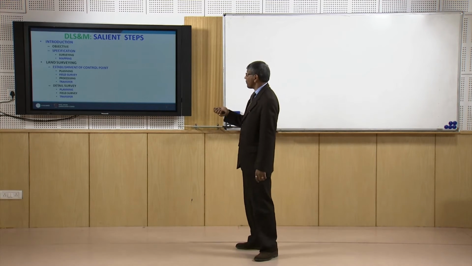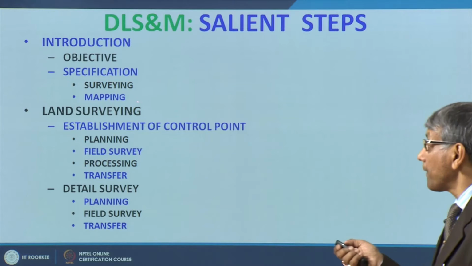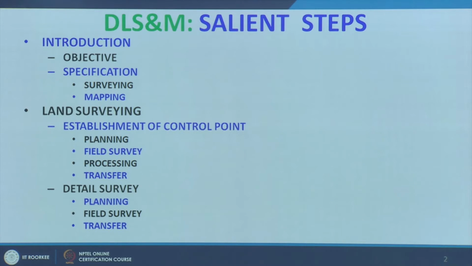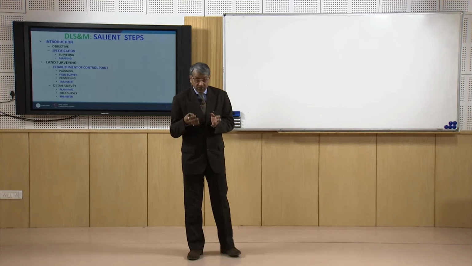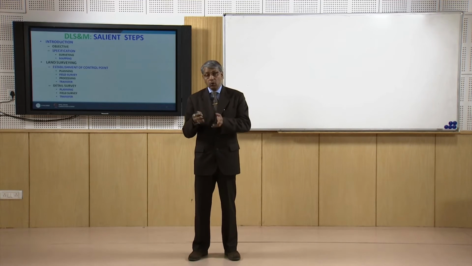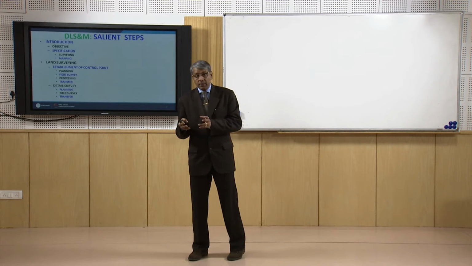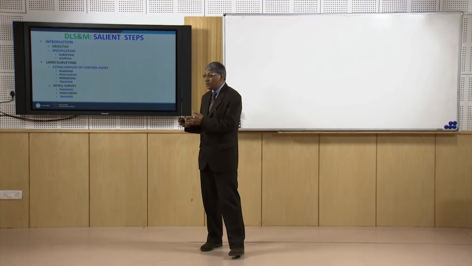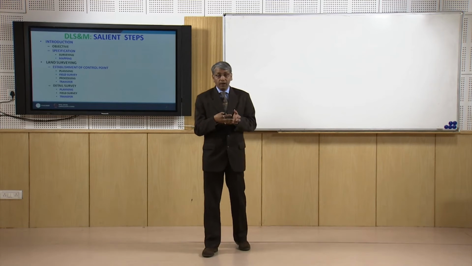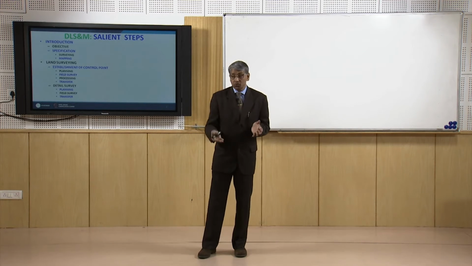So we need to go for specification of the surveying, that means what should be the order of the surveying work, and on the basis of that we will have to decide the type of instruments to be used, because each instrument does not provide equally good quality of data, and quality of data will also depend upon the type of instrument as well as the cost of the instrument.